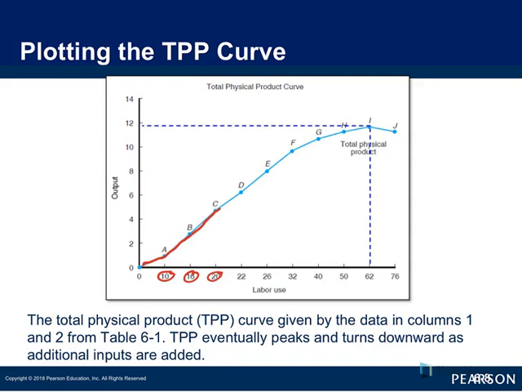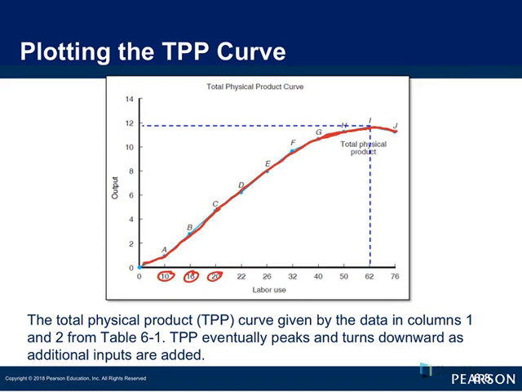And as we add in more people, you can see the slope of the line continues to increase, but it's getting better very, very slowly, and eventually over time it'll go negative. So the TPP curve, if you continue to add in your input of production, eventually it will begin to decrease.